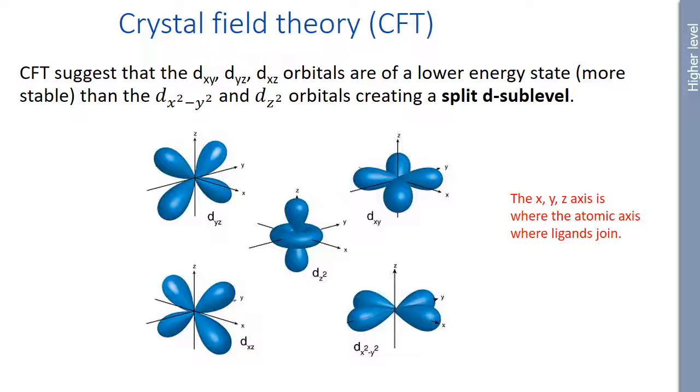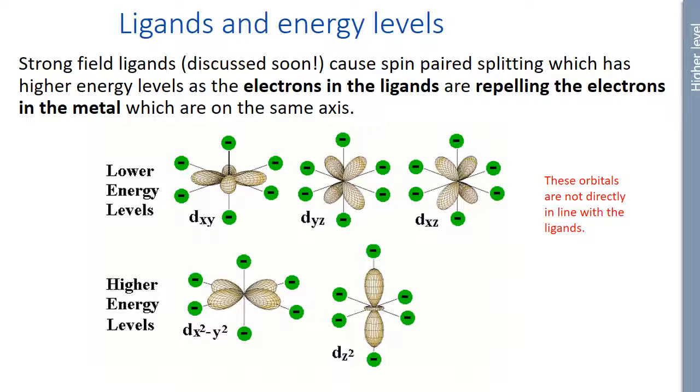Okay, so the x, y, z axes are where the ligands actually are joining, which you can see here, these x, y, and z axes. This is where the ligands actually join to the orbitals. So the ligands, which we discussed in the last subunit, actually decide the energy of these sublevels.